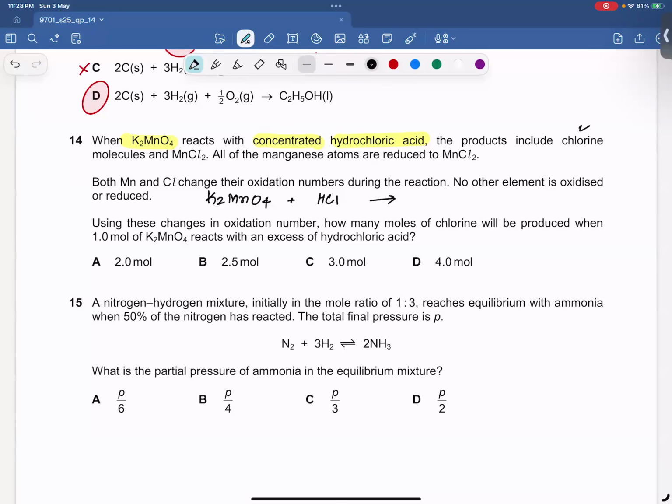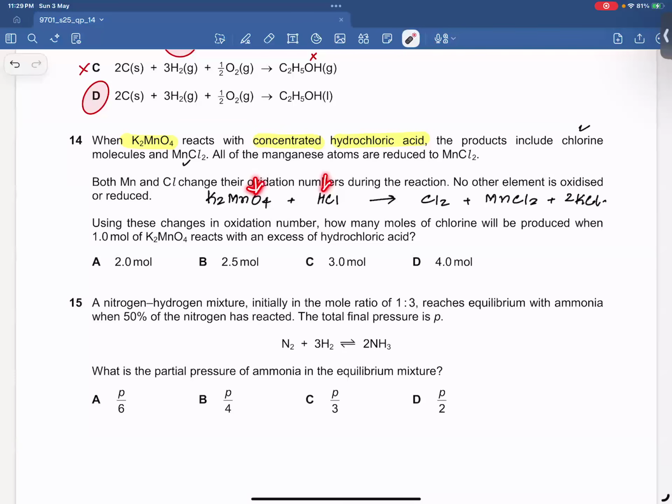The products include chlorine, MnCl2, and obviously potassium and chlorine combine together to give potassium chloride. Okay, so how many potassium here? 2, which means I need to put 2 here. And also hydrogen and oxygen combine together to give water.